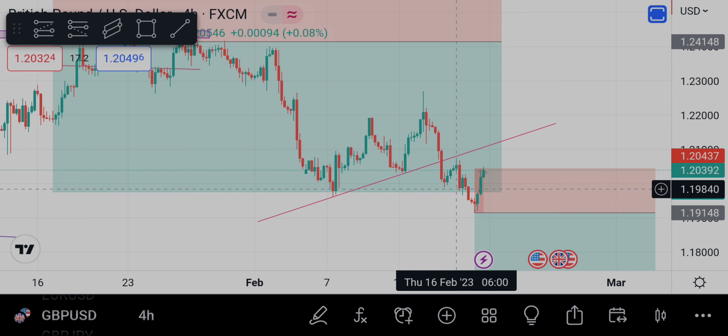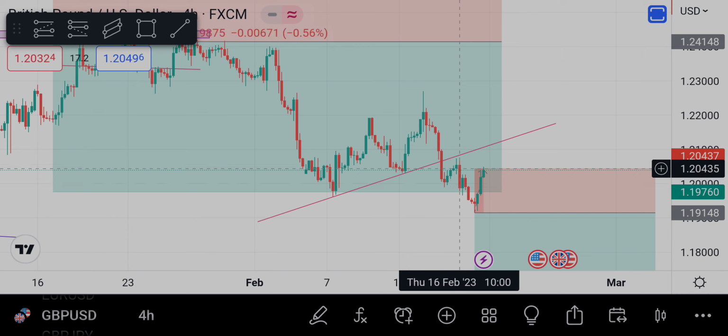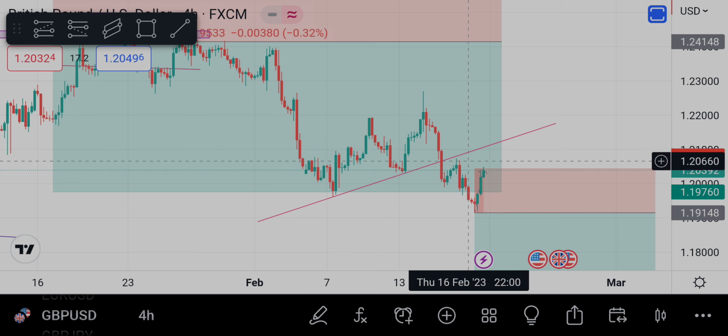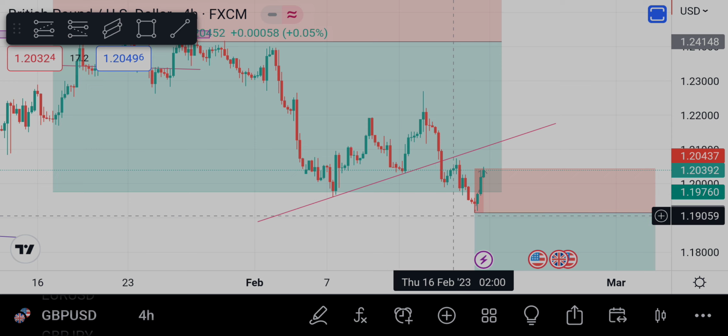It is a bearish engulfing candle that engulfed the 3 previous bullish candles. So it came down like this and engulfed the 3 previous bullish candles, right? It shows a bearish signal.